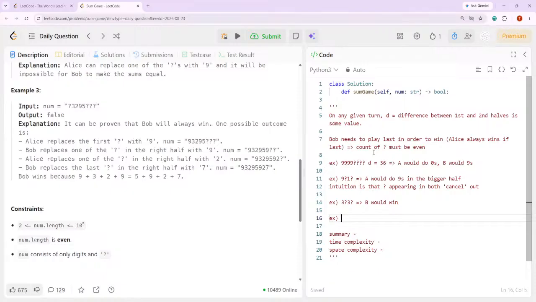Let's do 9 question, or I guess I need maybe 9 question. I need 2 question marks here, and then 4 question marks there. What would happen here?